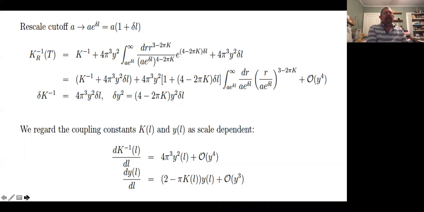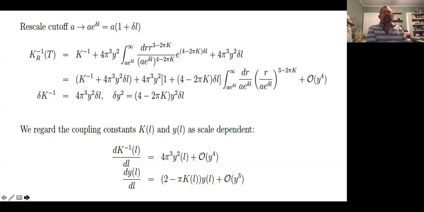And so we had an expression for this renormalized superfluid density, the first couple of terms as a perturbation expansion in the fugacity, the vortex fugacity y.